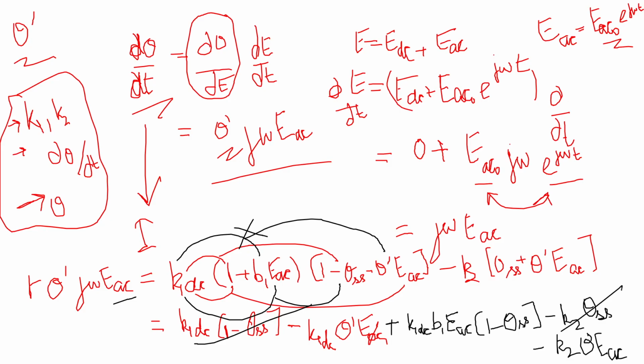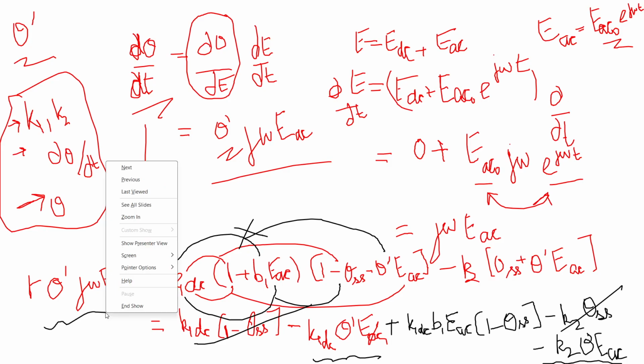So now what you have to do? I have 3 terms on RHS, of which the second one and the last one are a function of theta dash. Here also there is a term which is a function of theta dash. I can club them all together. EAC is common. So now when I cut all those terms, you can see the left side term has EAC, right side terms are also having EAC. So again, I can cut off EAC from all those terms.